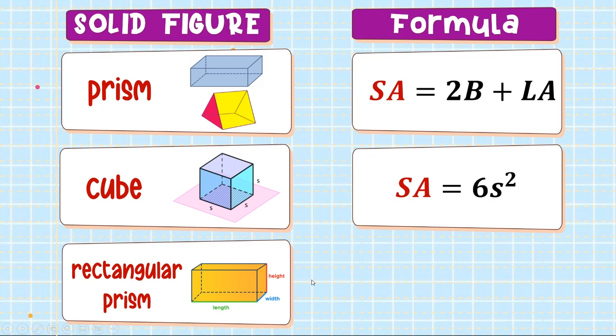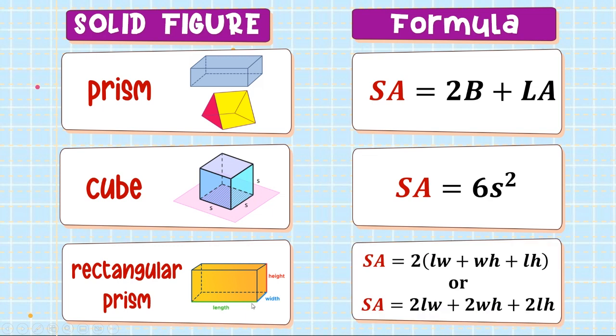And then the formula for the rectangular prism is surface area equals 2 times the quantity of length times width plus width times height plus length times height, or 2 length times width plus 2 width times height plus 2 length times height. So those are the formulas for finding the surface area of the prism, cube, and rectangular prism.